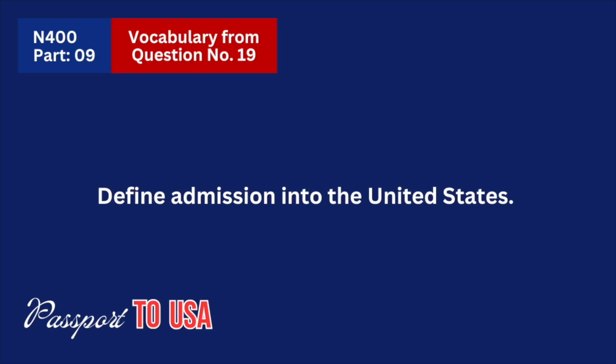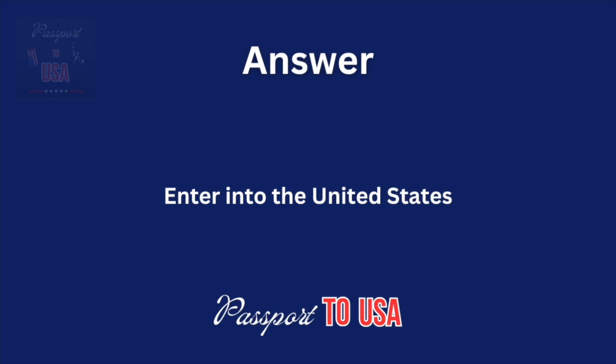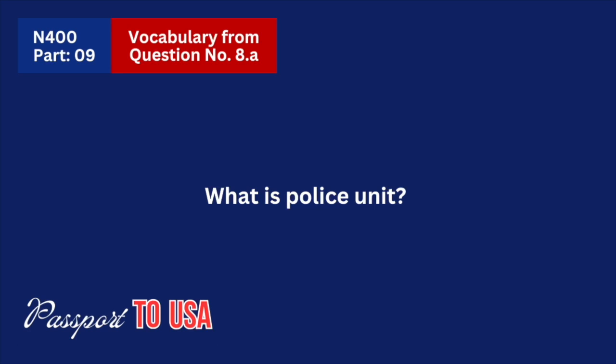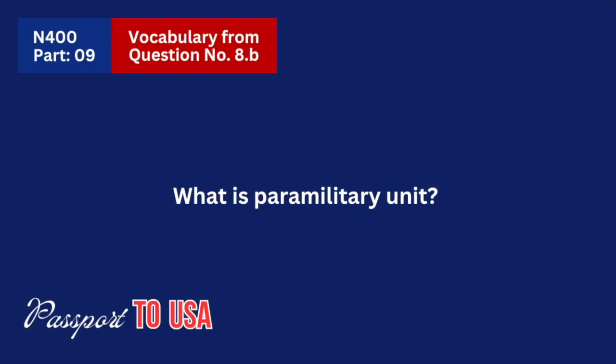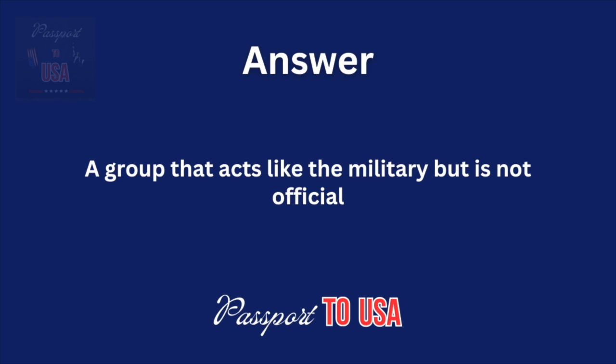Define admission into the United States. Enter into the United States. What is police unit? A group that enforces the law and stops crime. What is paramilitary unit? A group that acts like the military but is not official.